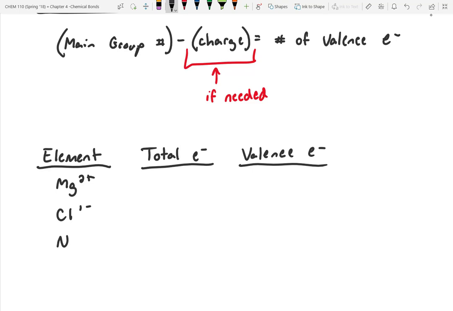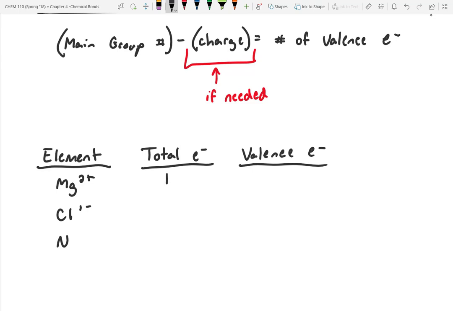So let's start with magnesium 2+, our first one. How many total electrons does magnesium have when it has a 2+ charge? Yep, it would have 10, right? If we look at magnesium on the periodic table, it's atomic number 12. However, we know we're missing 2 electrons because it has a positive 2 charge, so you subtract 2 from that.